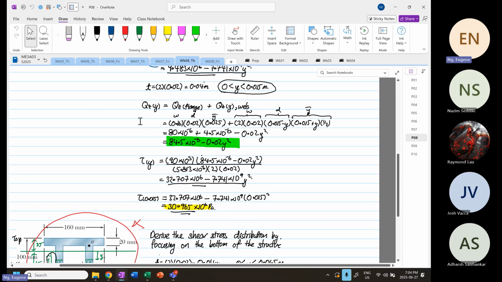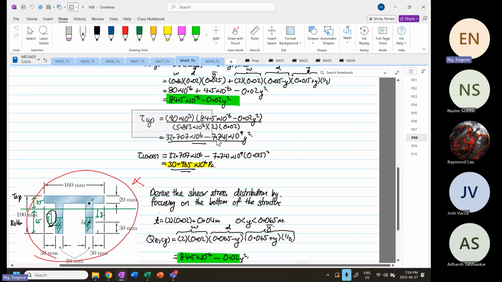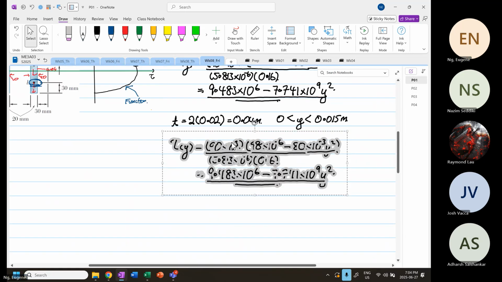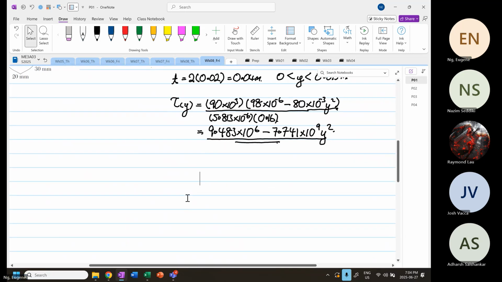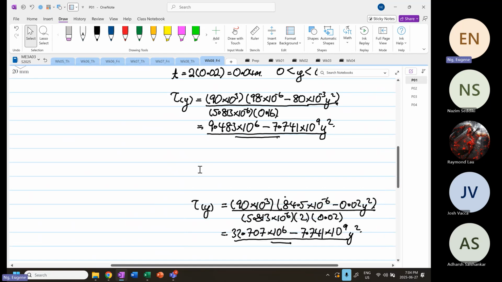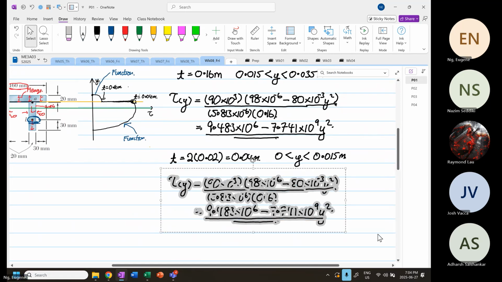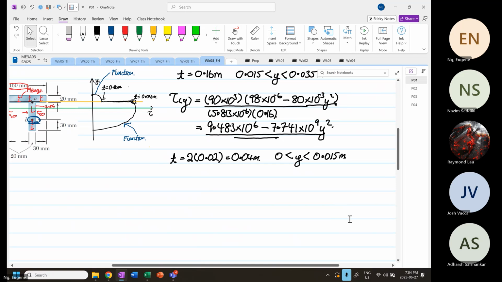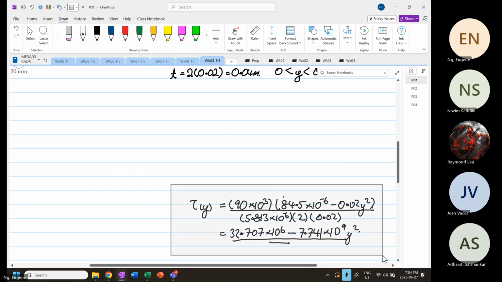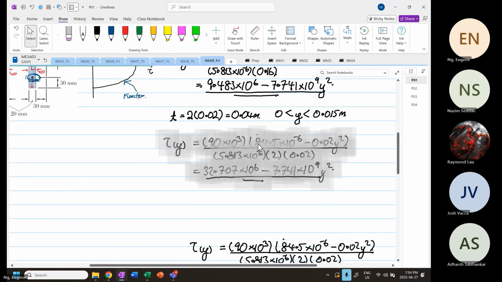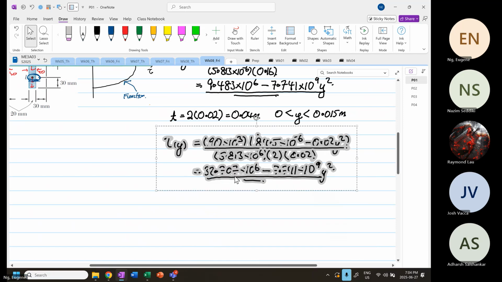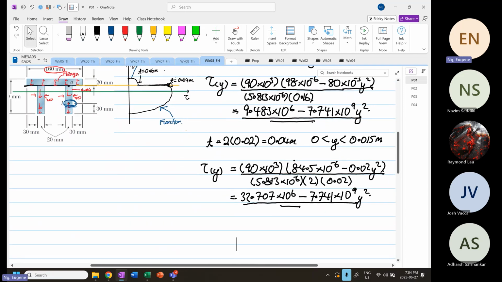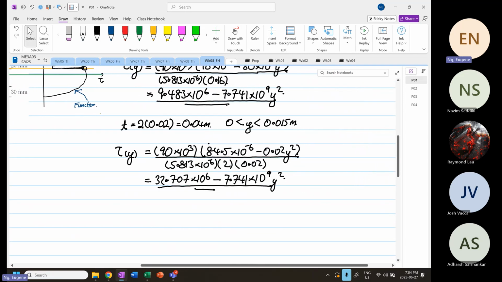That's the one that has the limits between 0 to 0.015. I do apologize. I copied the wrong function. It cannot be the same. There you go.